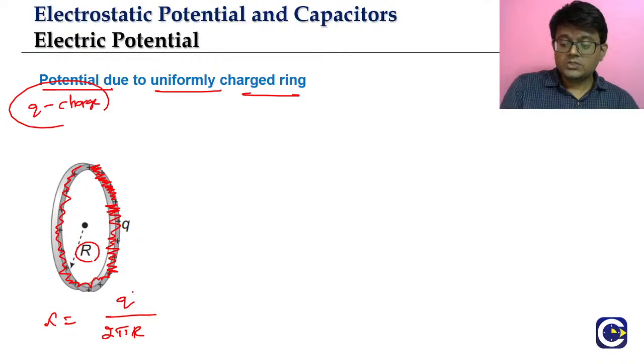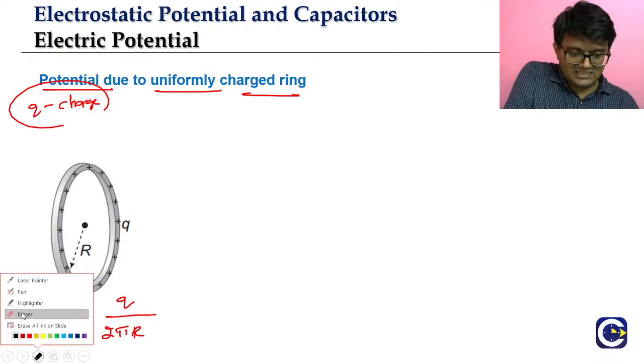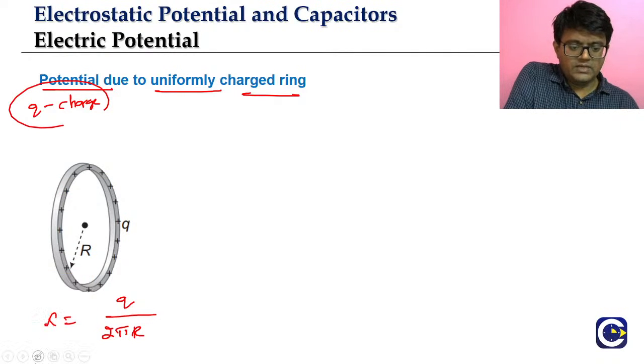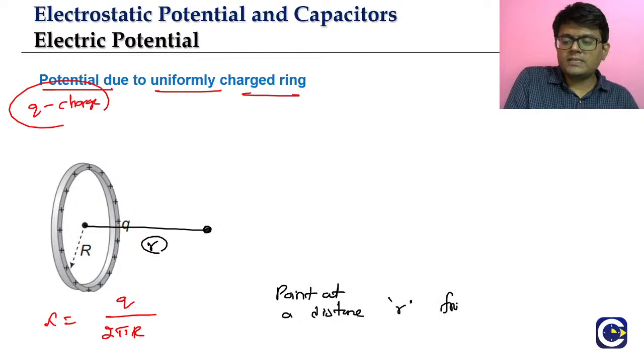Okay, so we will look at what is the electric potential due to the ring at a point on its axis. Here we'll mark a point on the axis, at a distance small r from the center of the ring.